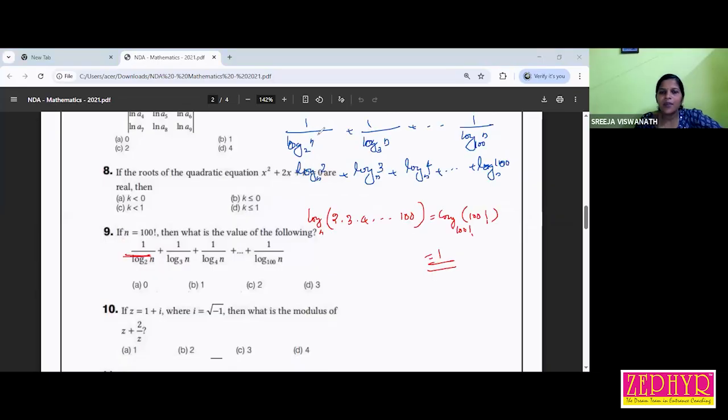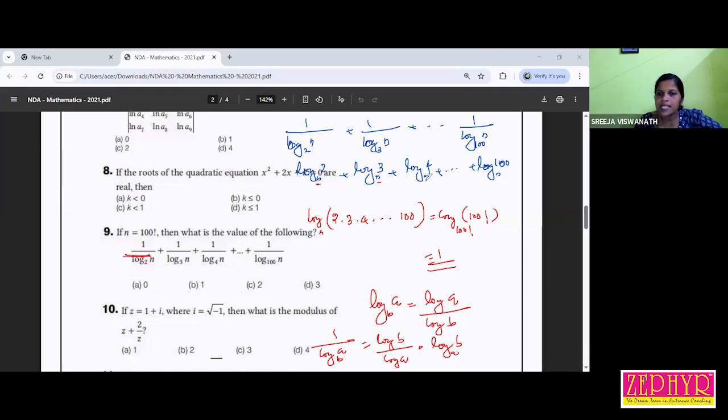Okay. Listen. Given that 1 by log n to the base 2, 1 by log n to the base 3, up to 1 by log n to the base 100. We know that log a to the base b is equal to log a by log b. So 1 by log a to the base b, we want to take the reciprocal. That is log b by log a. Log a by log b is log a to the base b. Then log b by log a is what? Log b to the base a. So we can reverse. 1 by log n to the base 2 is log 2 to the base n, log 3 to the base n, up to log 100 to the base n.